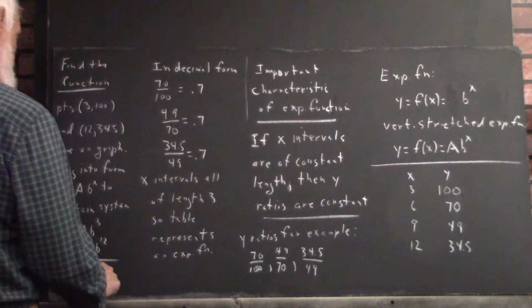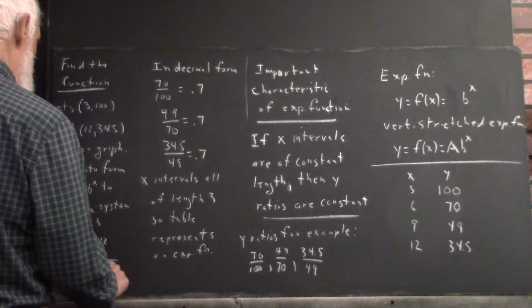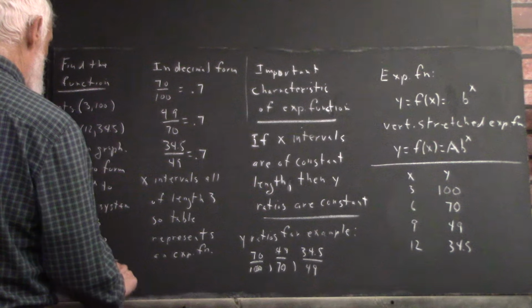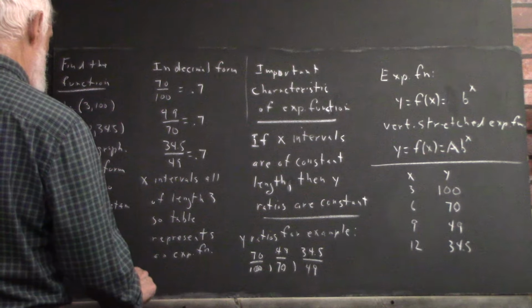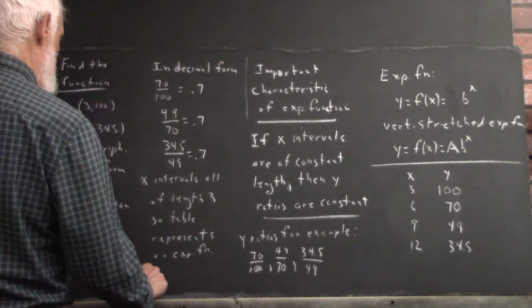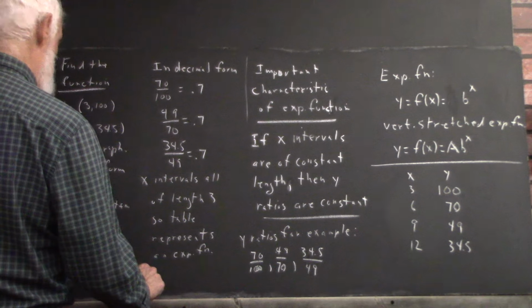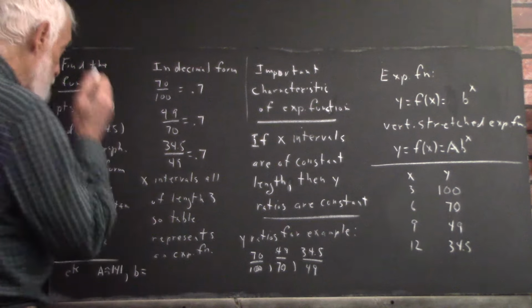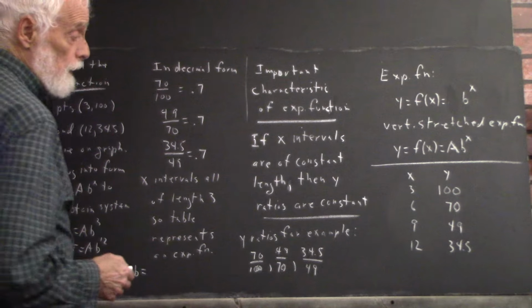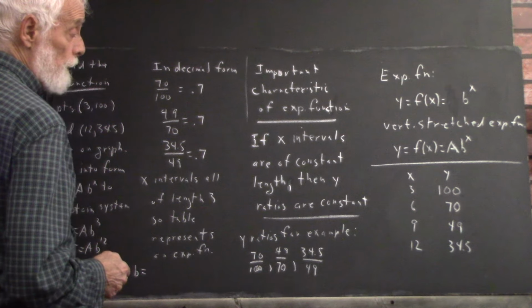So a turns out to be approximately 141, and b equals, actually, I can't give you a really good approximation to b. It's going to be the cube root of 0.7.